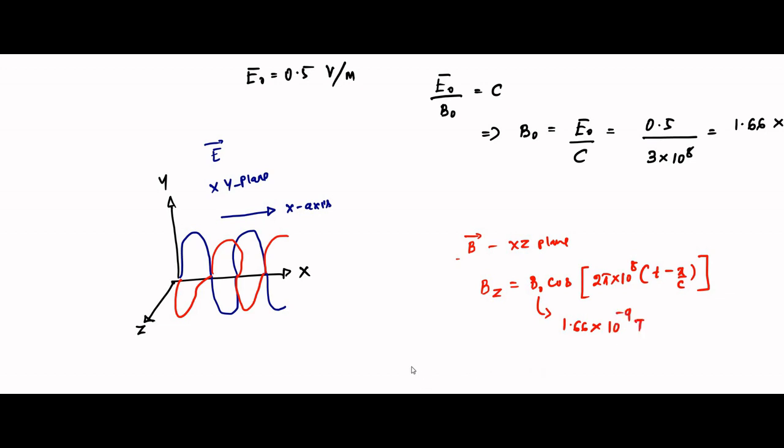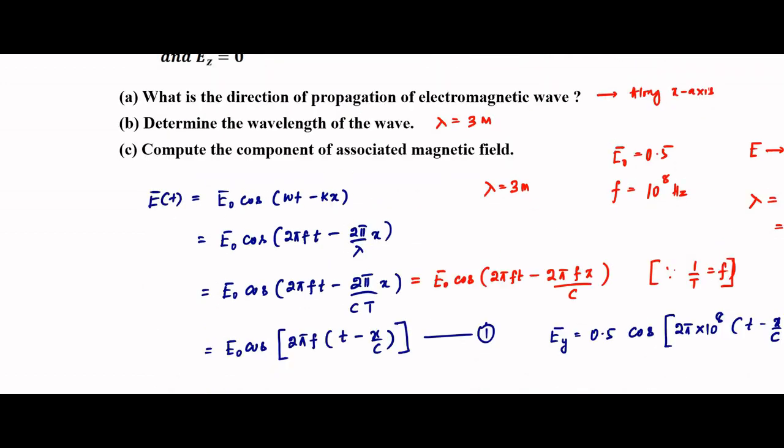So Bz is equal to 1.66 into 10 to the power minus 9 cos 2 pi into 10 to the power 8 into t minus x by c. This is the whole solution here.